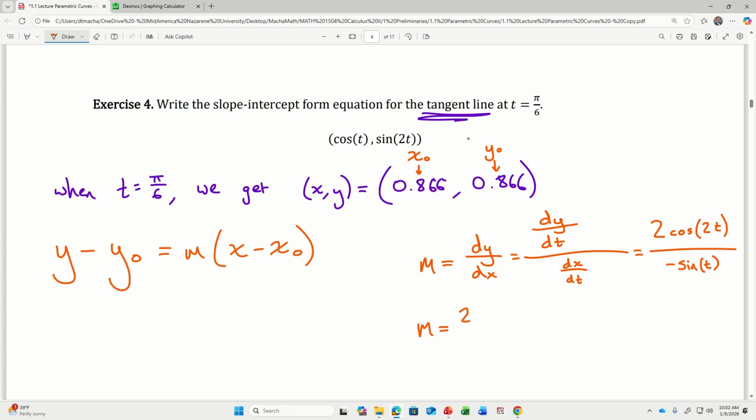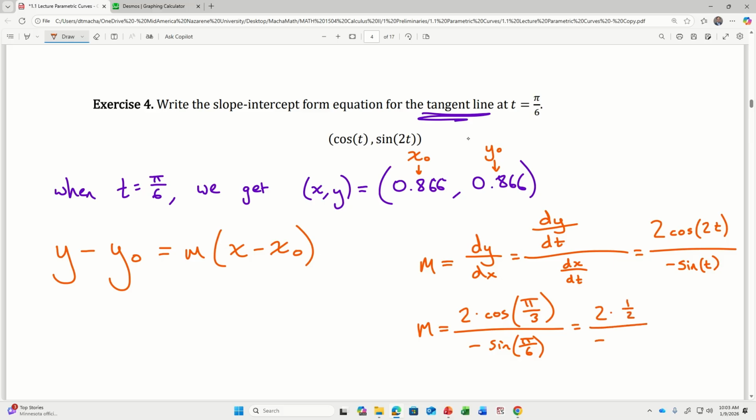So that's 2 times cosine of 2 times pi over 6, or 2 times cosine of pi thirds, divided by negative sine of pi over 6, which is going to be 2 times, I think it's 1/2, because cosine of pi over 3 is 1/2.